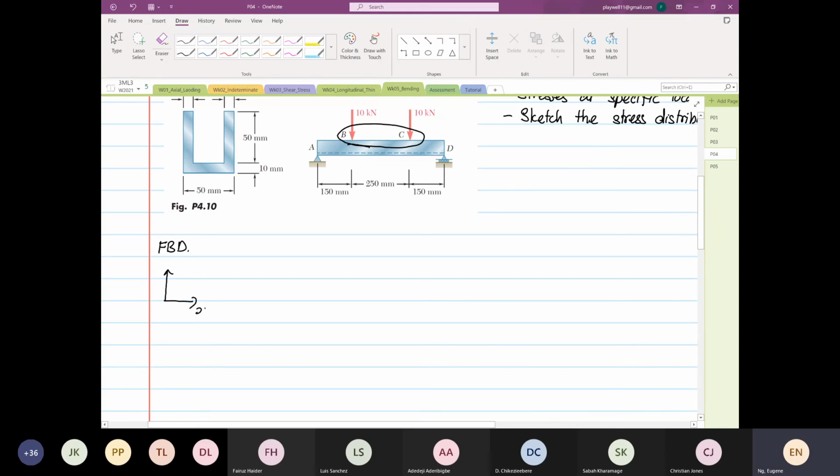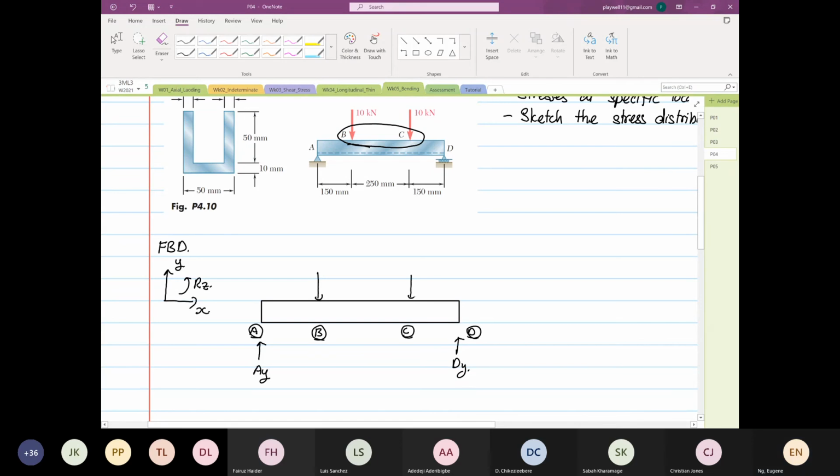X, Y, rotation about Z. This is our point A, and this is our point D. We have a reaction over here, which is AY, and a reaction over here, which is DY. Then we have a load coming down at point B, and another load coming down at point C, and both are 10 times 10 to the power 3 Newton.